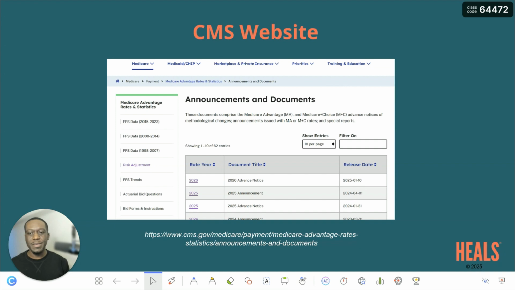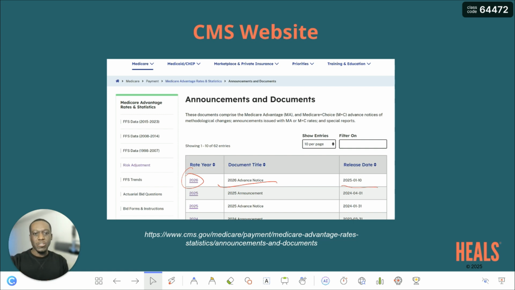If you go to the CMS website, you can see that the 2026 advance notice was published on January 10th, which was last Friday. You'll hear it being talked about and reviewed, and everybody in this MA space is working to prepare comments for CMS.